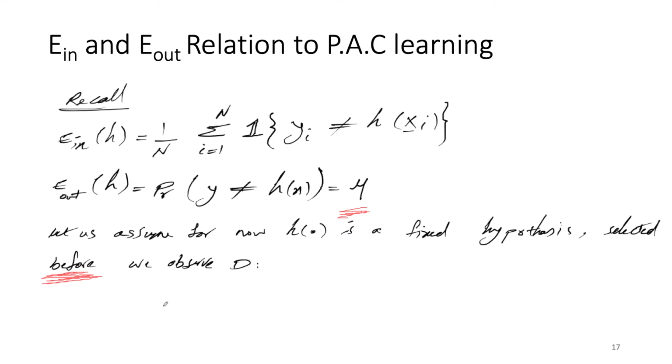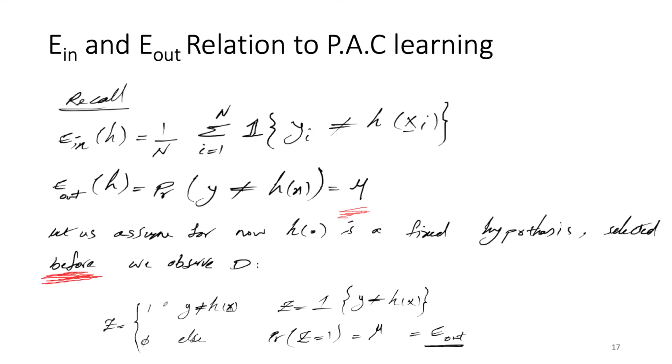We just selected that specific h for this problem without even seeing D. So the possible outcome would be, again, 1 and 0. It's a Bernoulli variable: one for the cases of misclassification, and zero for the cases of classification, okay?